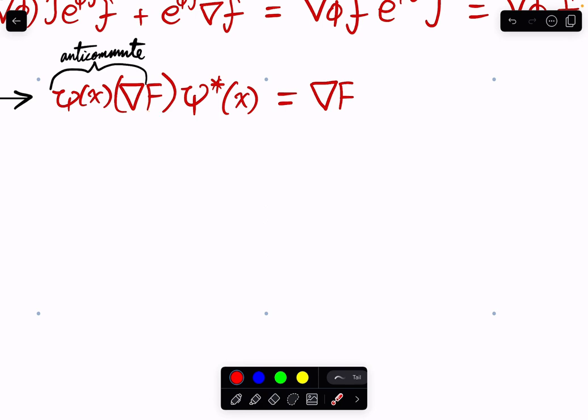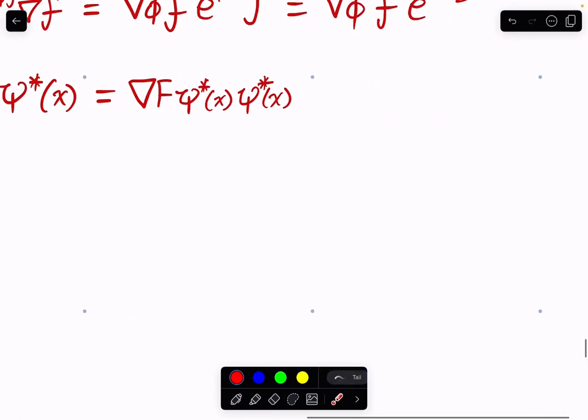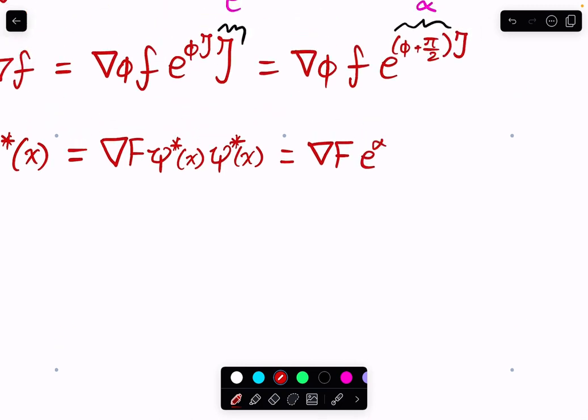So you can have c anti-commute here and then go all the way there. So you can have c star of x times c star of x. So you have these two right here, which is just equal to gradient of f e to the alpha I. So this is the same as this.